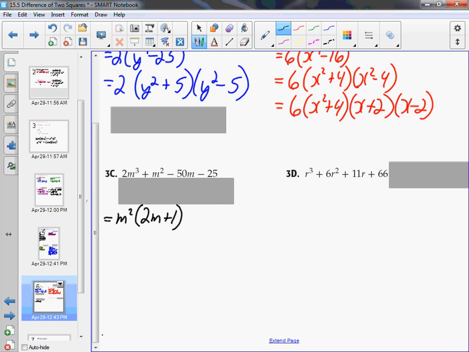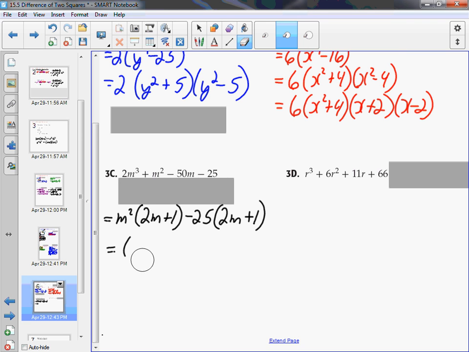What kind of 25 do you think you want to factor out? I'm thinking negative. Let's see how that works. Negative 50m divided by negative 25 will be positive 2m. And negative 25 divided by negative 25, positive 1. So we could factor by grouping because we have the same binomial in each place.